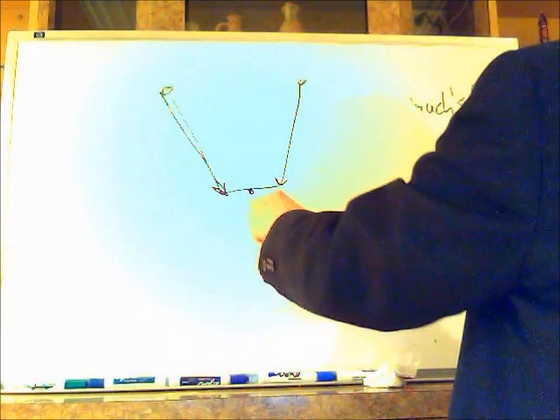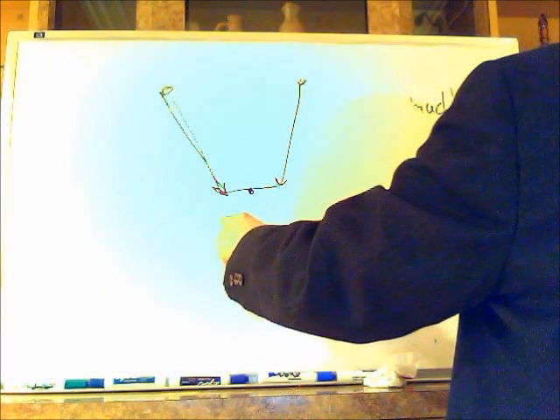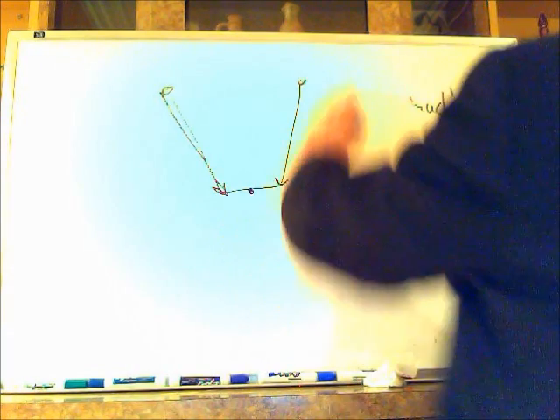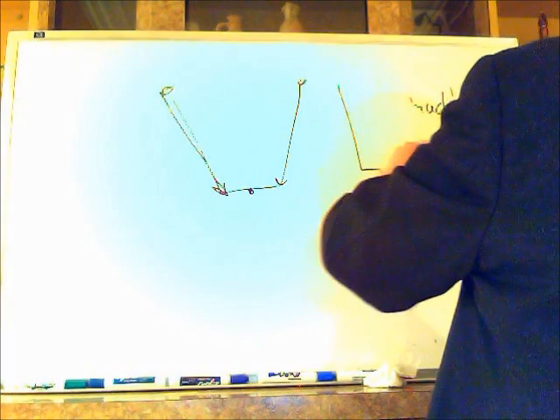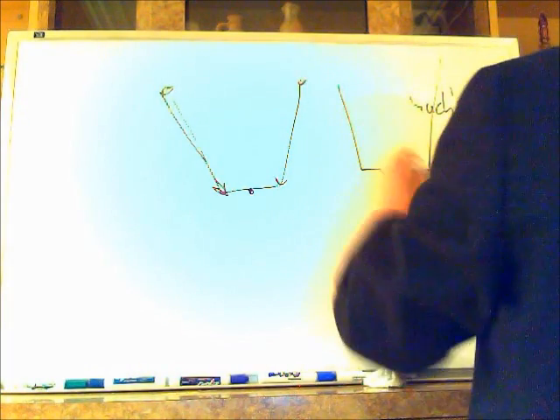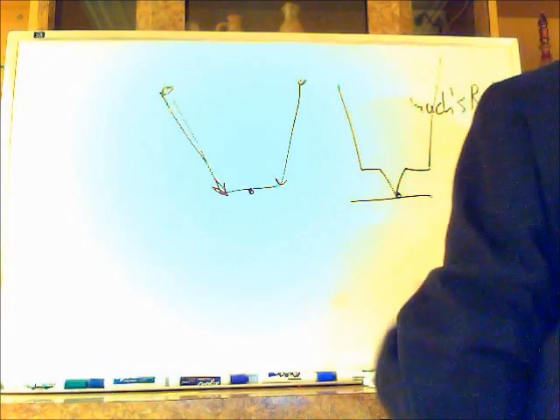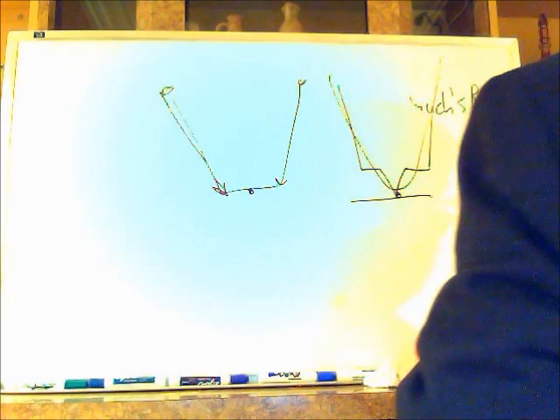So you just have one stable odd here, or you can have a stable even, which would look like this. And again, this would be your stable one, and your parabola would sort of look like that.